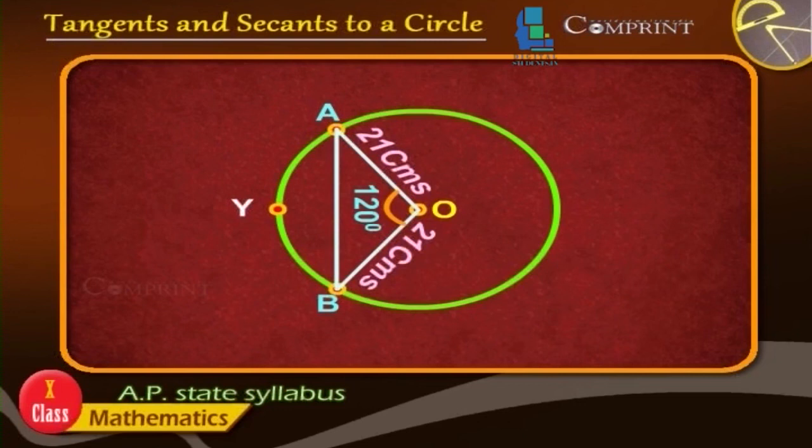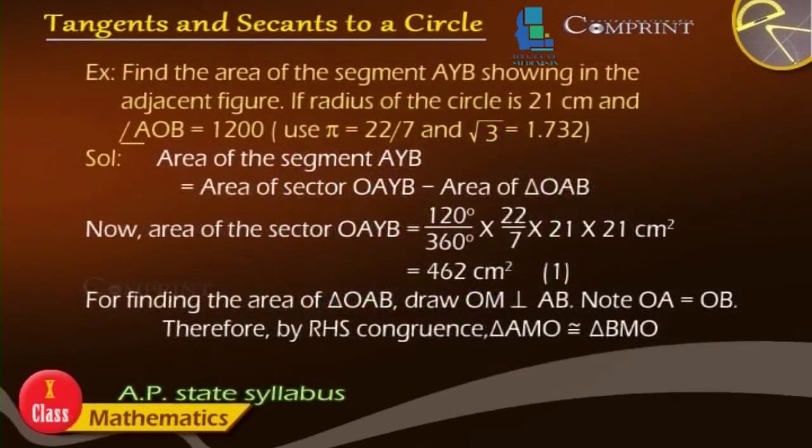Area of the segment AYB is equal to area of sector OAYB minus area of triangle OAB. Now, area of the sector OAYB is equal to 120 degrees by 360 degrees into 22 by 7 into 21 into 21 centimeter square, which is equal to 462 centimeter square.